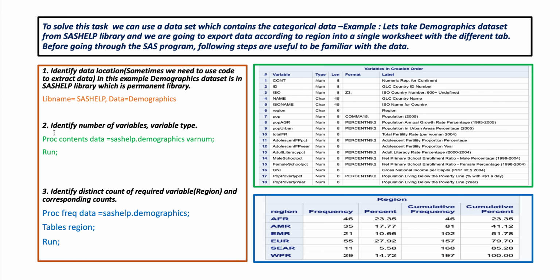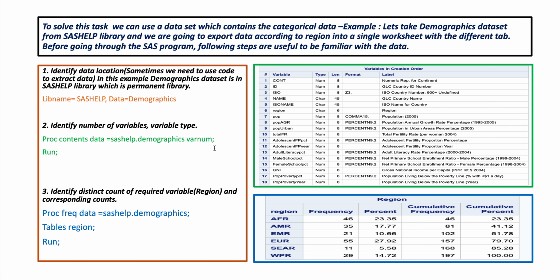Step 2, identify the number of variables and variable type. We know the number of variables is 18. To identify the variable types and further information, we use the PROC CONTENTS procedure. PROC CONTENTS data=SASHELP.demographics varnum; run;. The VARNUM option is used to display the variables without sorting.